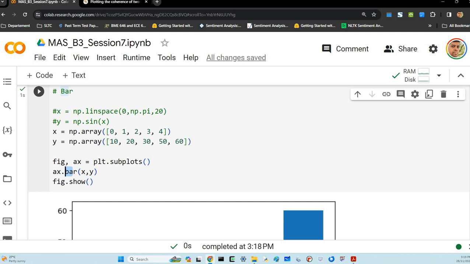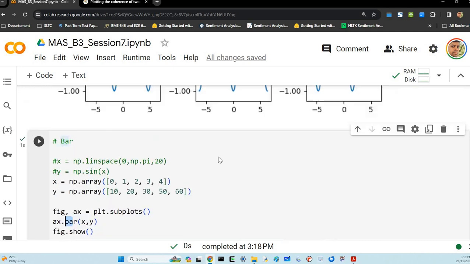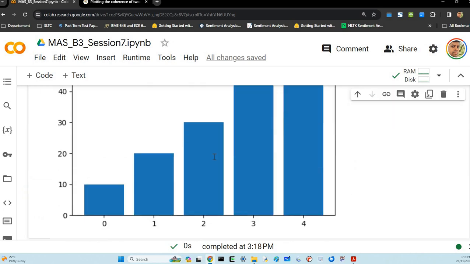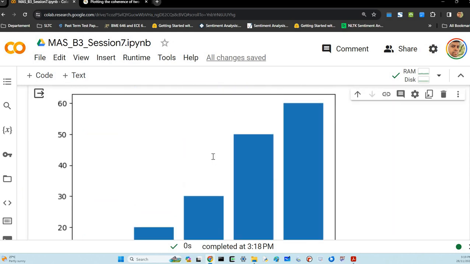Right, last graph. So this is the bar graph that we have discussed. The only change from the previous code is changing plot to bar.